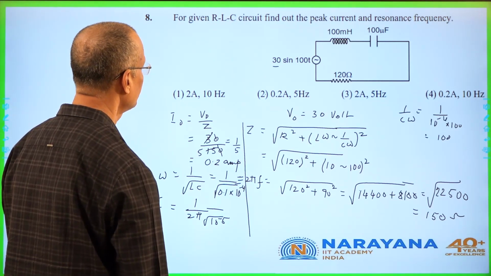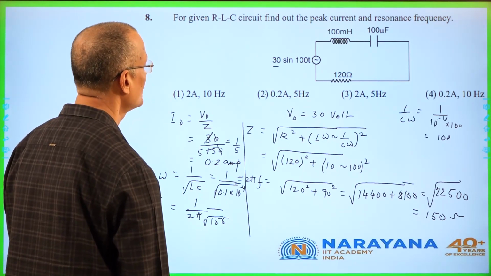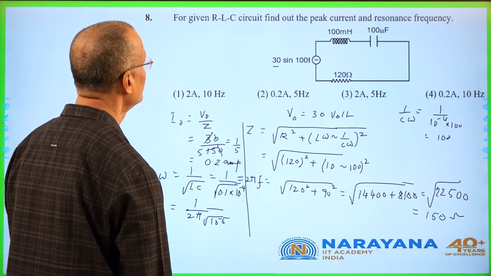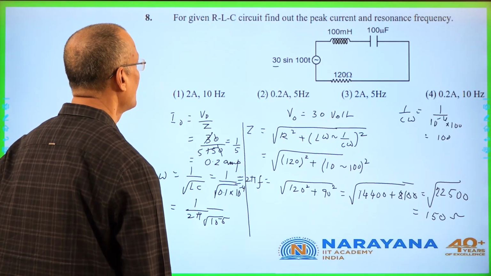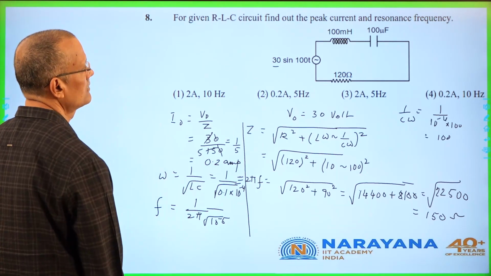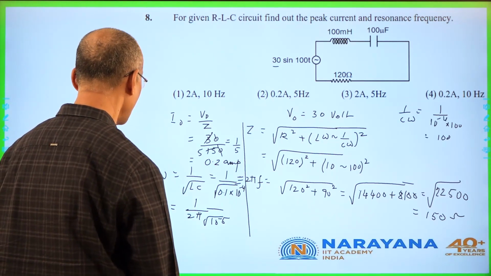I feel a bit about this, 1 by 2 pi root LC. This is becoming 1 by 2 pi, 10 to the power minus 4 and 10 to the power minus 5.